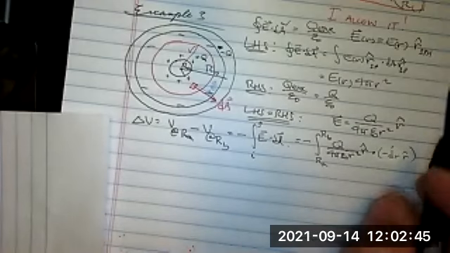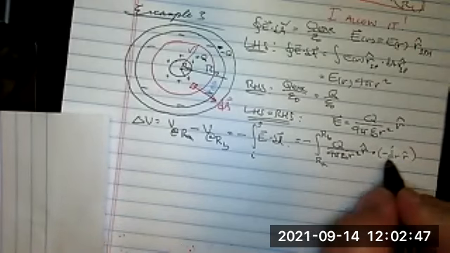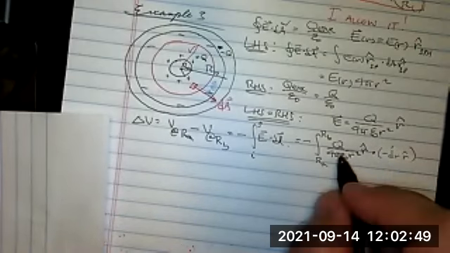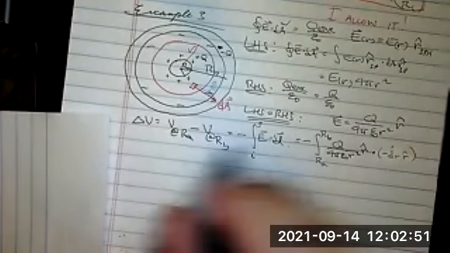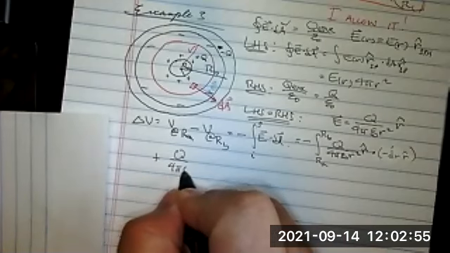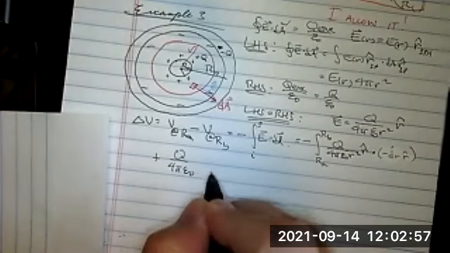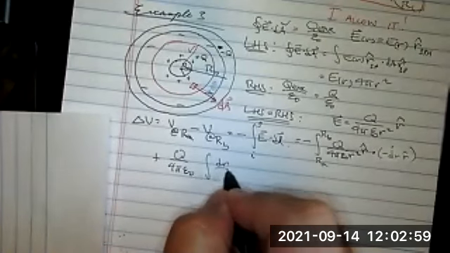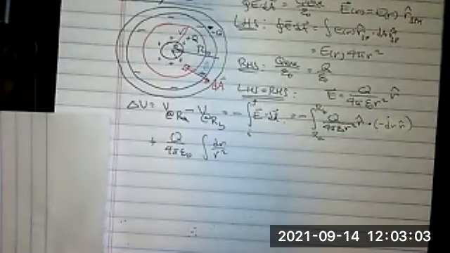So I don't know why I had that brain fart, but again, this negative is going to come over here. The R hat dot R hat is going to give you 1. So I'll get positive Q over 4 pi epsilon naught, all of that outside of the integral, dr over R squared. That's just R to the negative 2 power. When you integrate that, you get R to the negative 1 divided by negative 1.